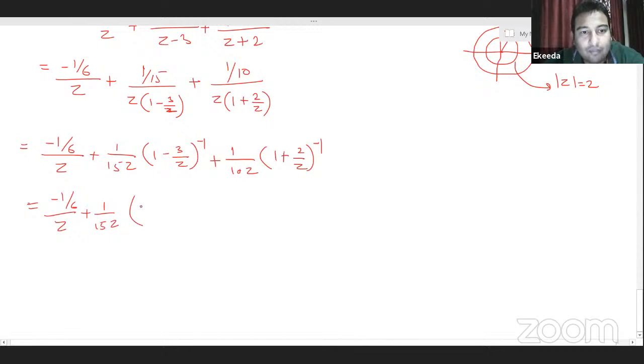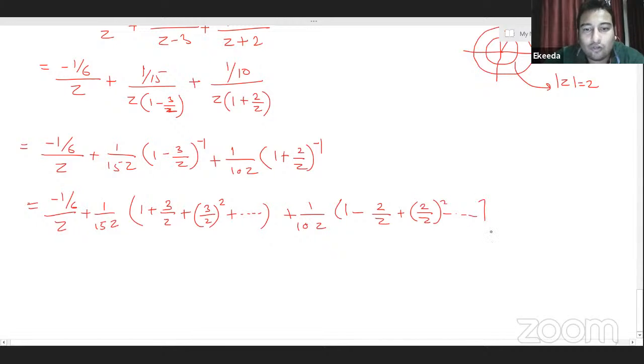If I open, both are minus, so everything will become plus. 1 plus 3 by z plus 3 by z the whole square plus dot dot dot. This is alternate plus minus, because here it is plus, here it is minus. 1 minus 2 by z plus 2 by z the whole square minus dot dot dot. That is it. So this is your Laurent series expansion for case number 3.